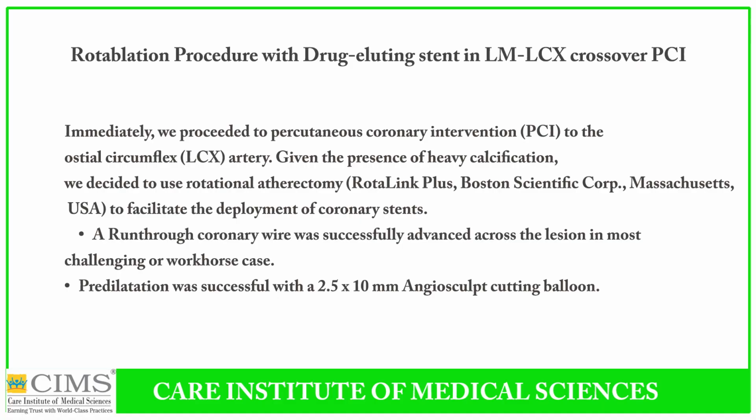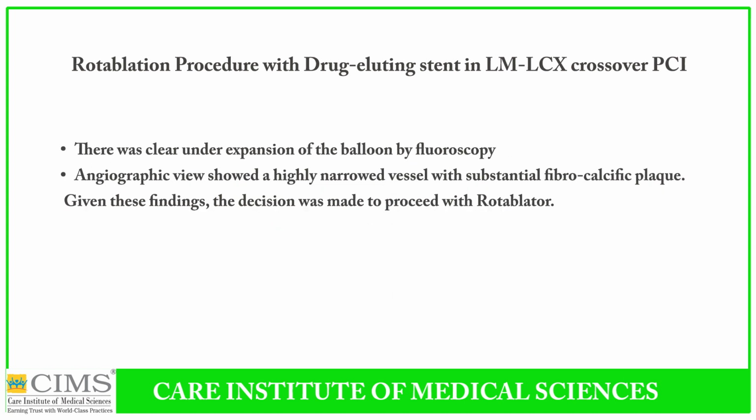So in this patient, we first did rotablator, followed by using an angiosculpt balloon. After the rotablator, pre-dilatation was done using a 2.5 by 10 mm angiosculpt cutting balloon. After the combination, there was still under-expansion of the balloon by fluoroscopy due to possibility of substantial fibrocalcific plaque.